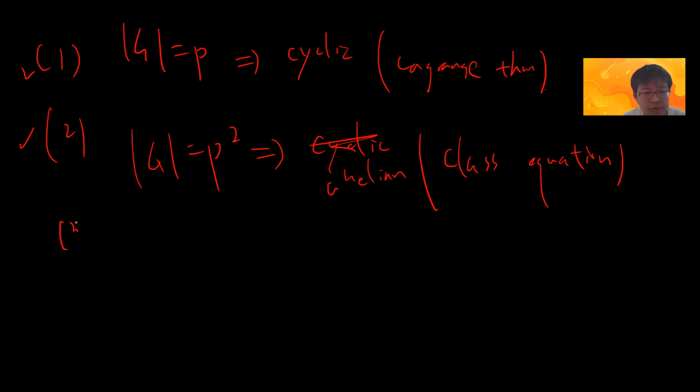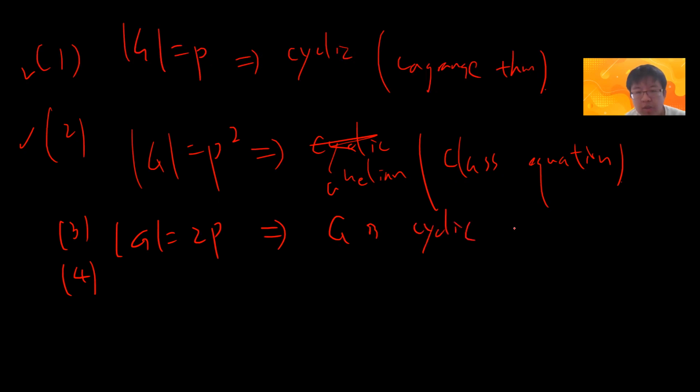Okay, so number 3 and number 4 are what I've got to prove. Number 3 is that when the order of G is 2p, where p is prime, G is cyclic or dihedral. This is the so-called Dp, and this is the so-called Z2p.